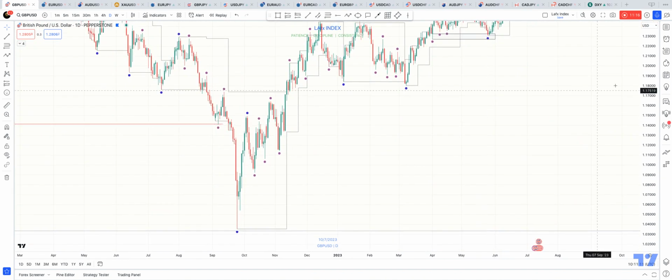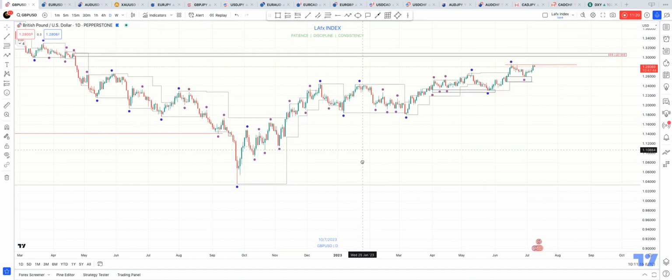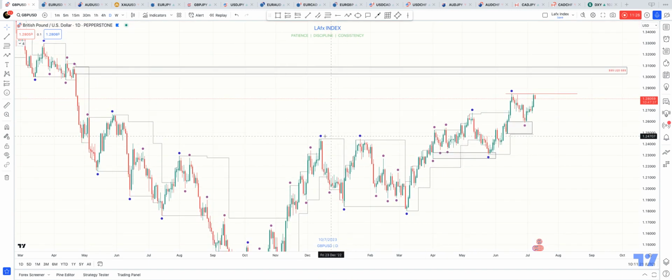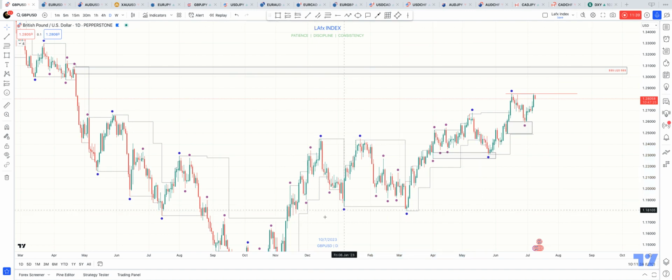Now you realize right here, price was a bit flat before going up, so you can assume you have a reaccumulation here, right? This whole area being a reaccumulation, respects this area.